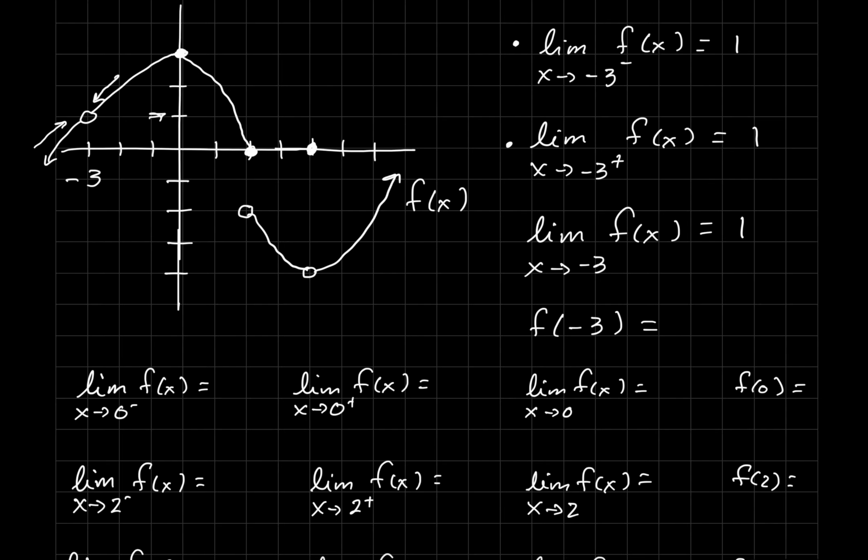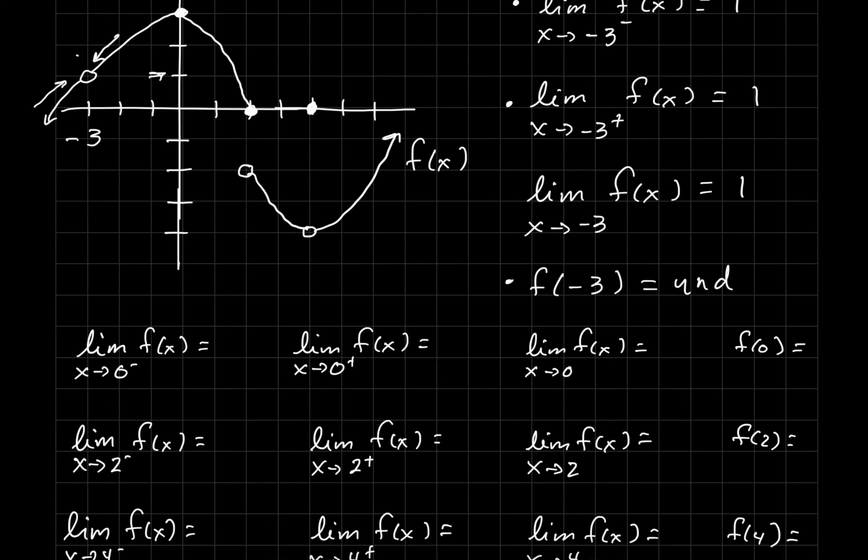Now, if I'm asking for f at negative 3, I want to know what the y value is when x gets to negative 3. But notice that in our picture here, I don't define the function there. So we say that the function at negative 3 is undefined.